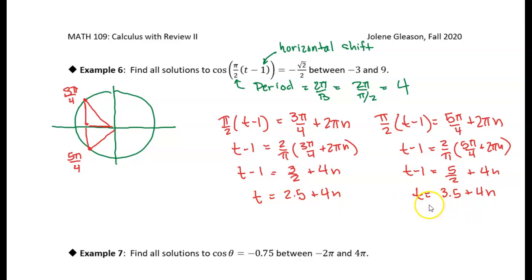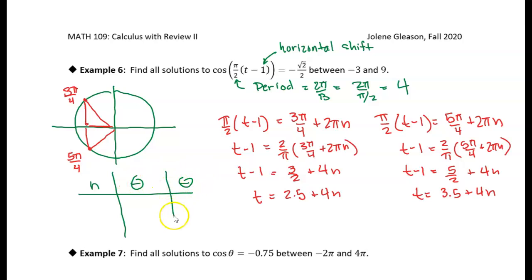Now I have my two sets of solutions, and I want to figure out all of the values between -3 and 9. Let me set up a little table here. I'm going to put in some values of n and calculate the two sets of values.